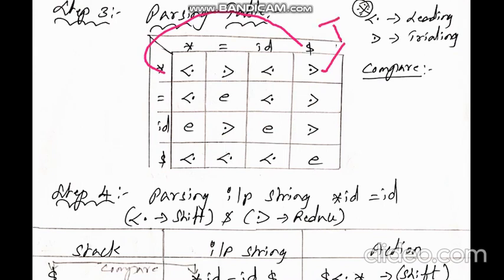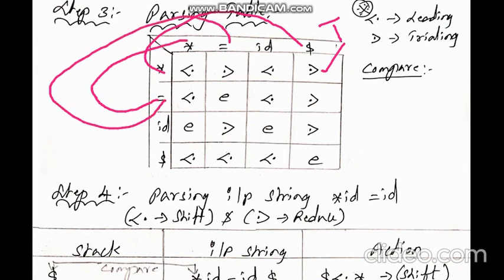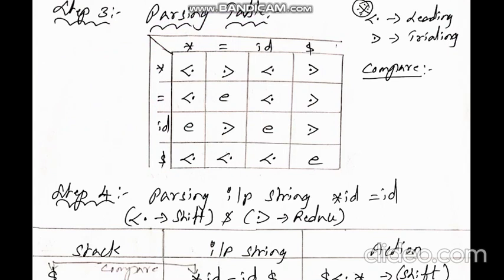In the same way, we need to find equal to and asterisk, equal to and ID. So what is this E? E stands for error. Let me tell you about this E, because you have never found E in the first row. Now we have an E here. E means I am comparing equal to and equal to, and I am not getting any symbols for this.